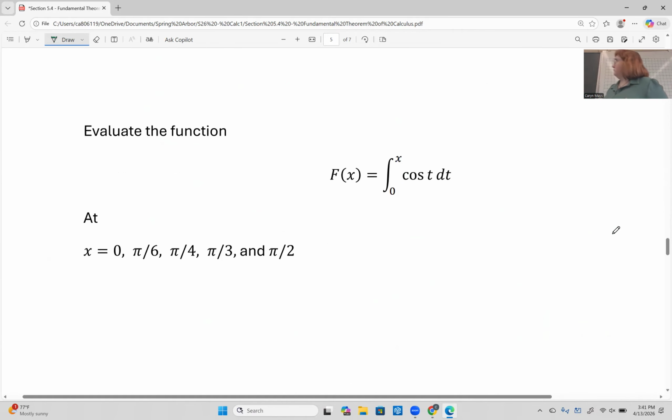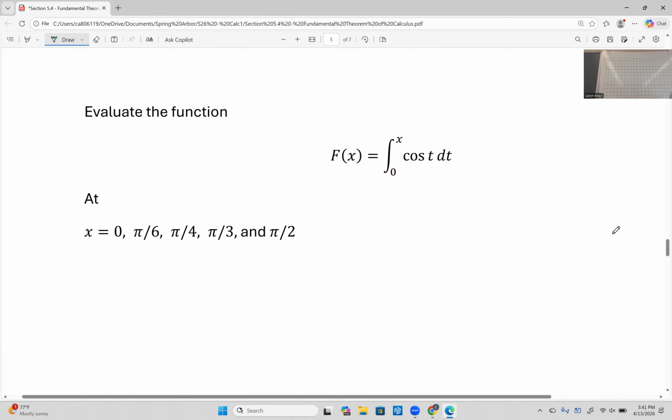So now, with all those things in mind, I'm creating a new function. And this problem says, I want to evaluate at x equals 0, pi over 6, pi over 4, pi over 3, and pi over 2. Ideas on how to do so?